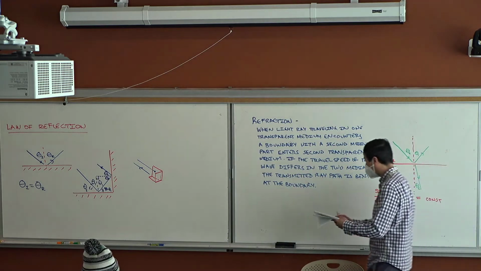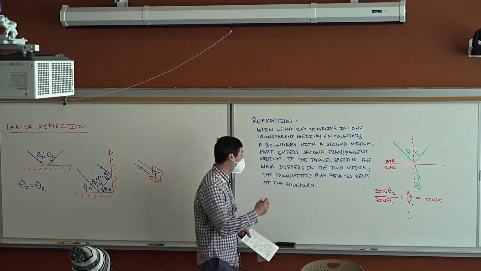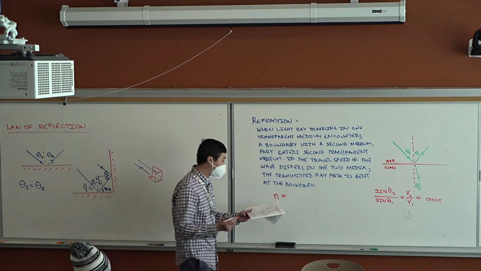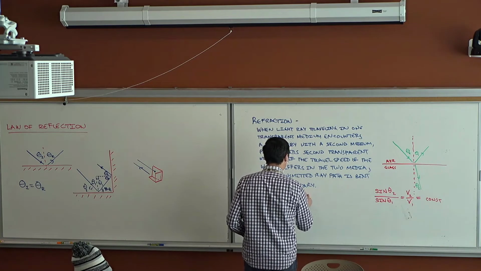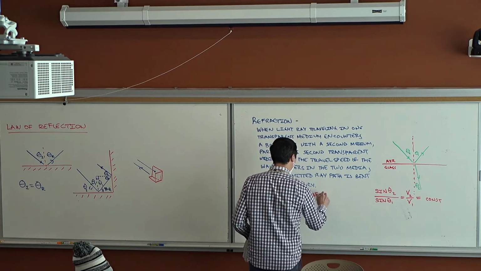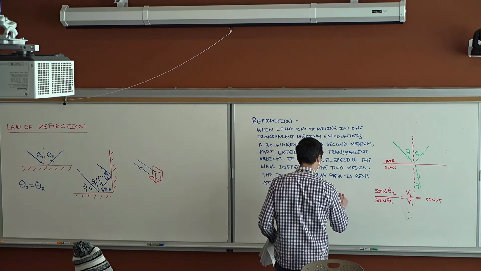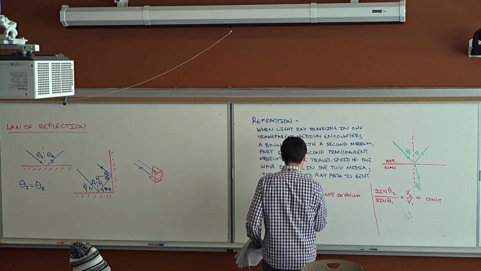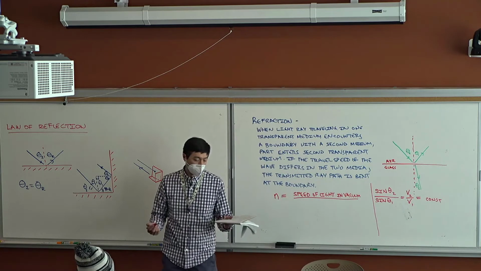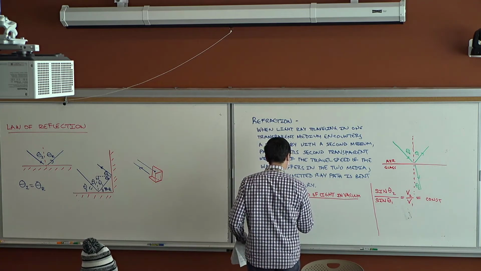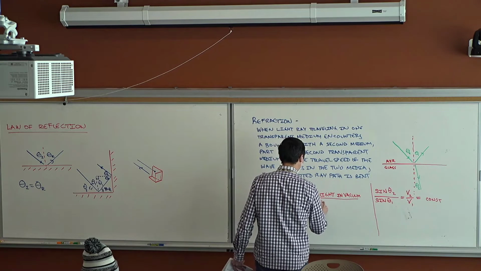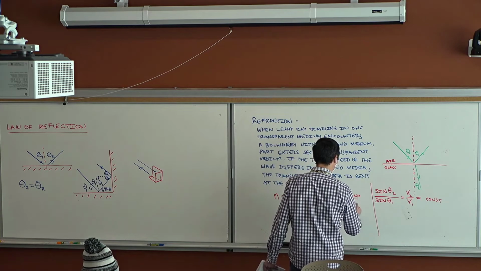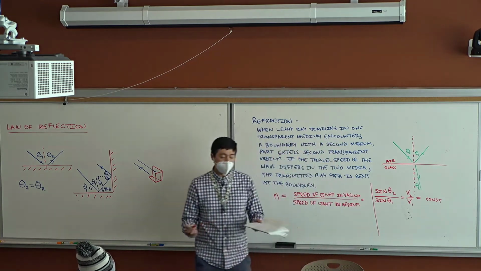So we are going to define n, an index of refraction, as the speed of light in vacuum over the speed of light in the medium. And so this winds up looking like c over v.